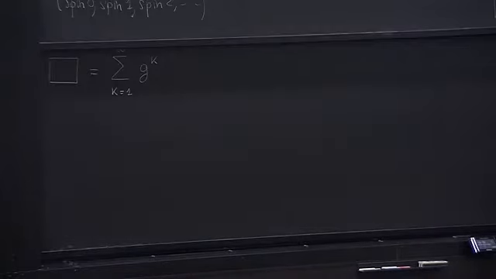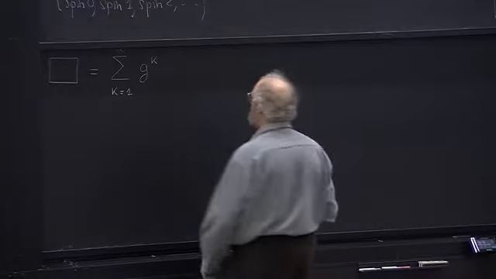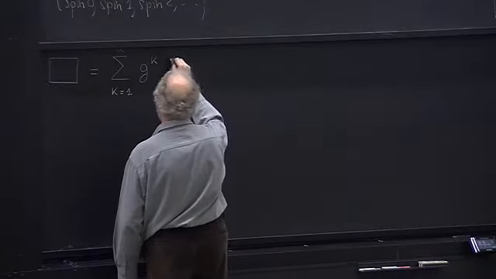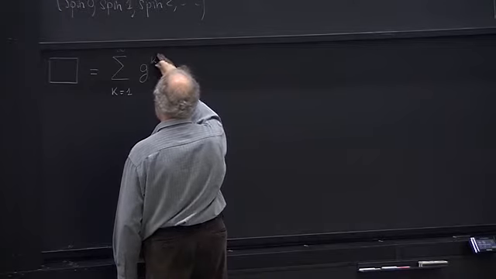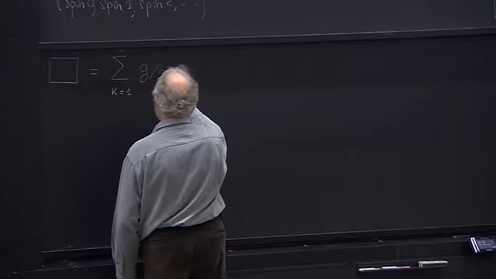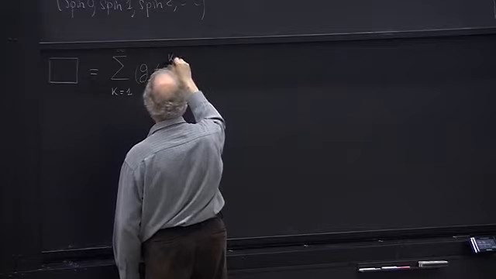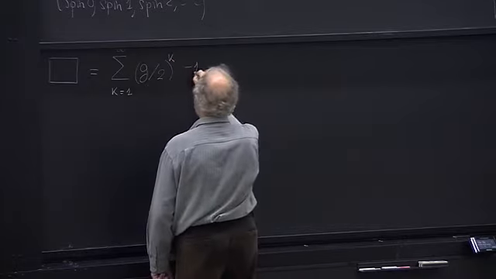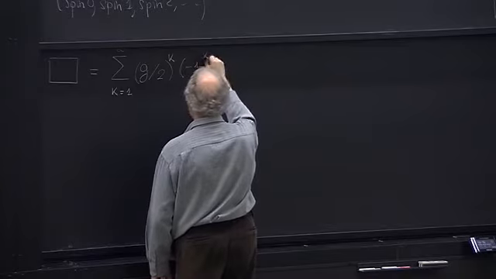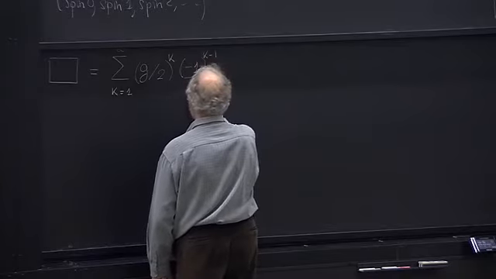And what is in front of g to the power k? Of course, it's g over 2 to the power k. There is a minus 1 to the power k minus 1 divided by k. This is the expansion of the logarithm.